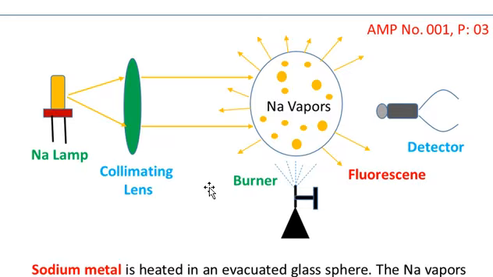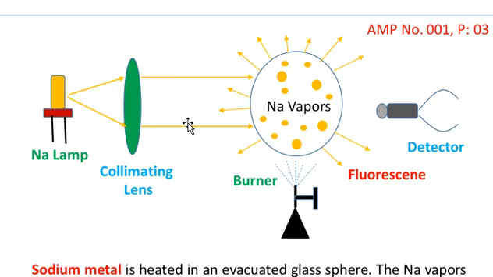Now you see that this is a setup that we can use to record the absorption spectrum. This is a sodium lamp on the left-hand side, giving you sodium light, which is collected by a collimating lens and converted into a parallel beam of light.